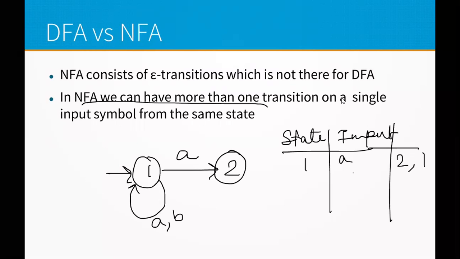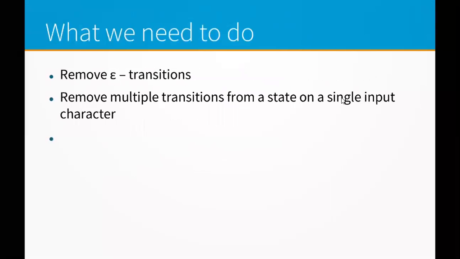Please keep in mind that an NFA and a DFA are equally powerful. That means if a string is accepted by an NFA, it will be accepted by an equivalent DFA also, and vice versa. Both are equally powerful.